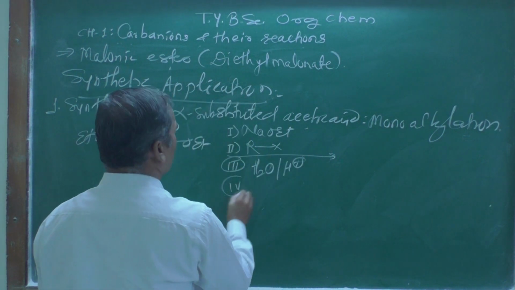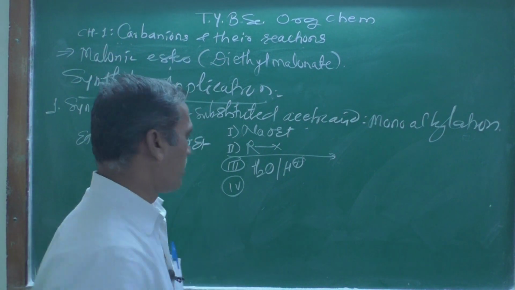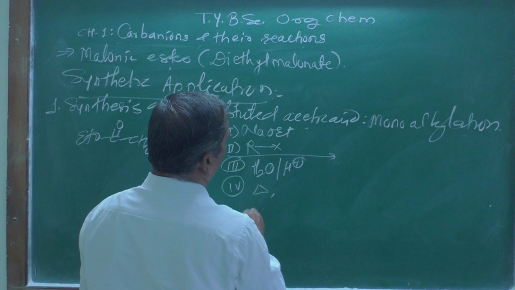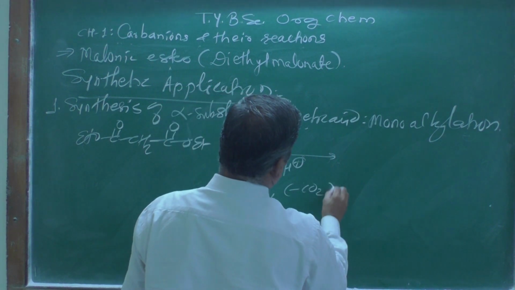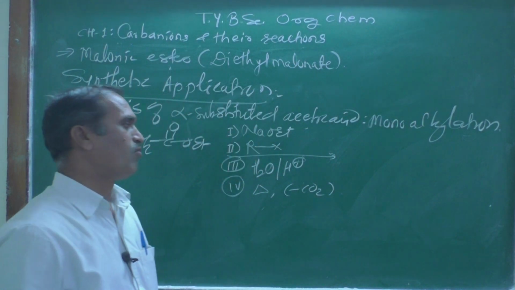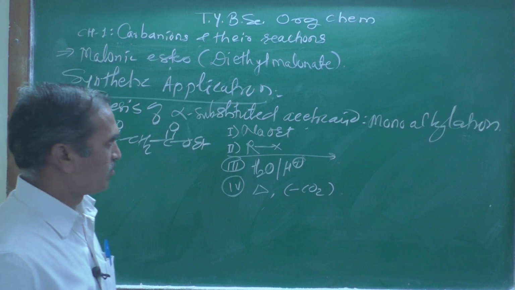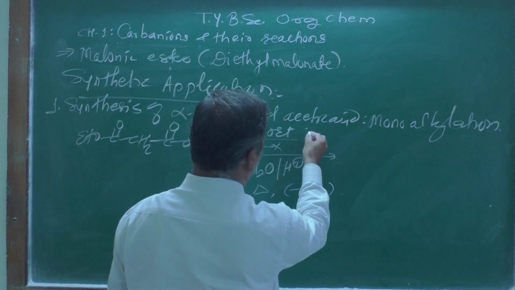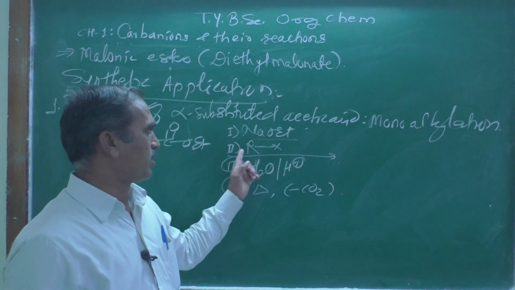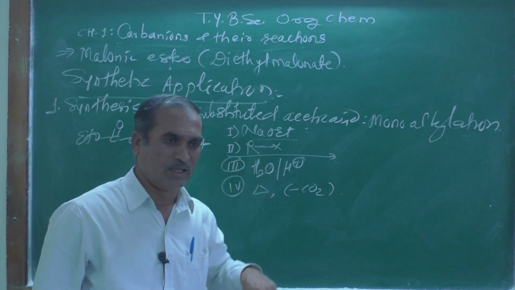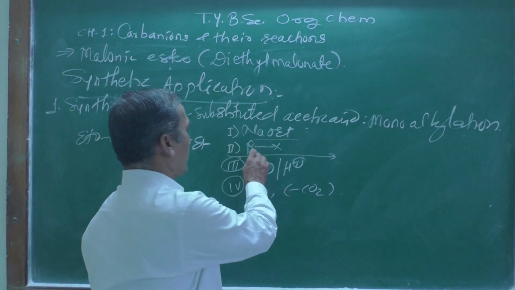And the fourth step is just heating, which is called decarboxylation, meaning removal of carbon dioxide, CO2 is evolved. This process is known as decarboxylation. By using a base, the first step is the formation of the carbanion, the second is treatment with the alkyl halide, then the mono substitution reaction takes place.